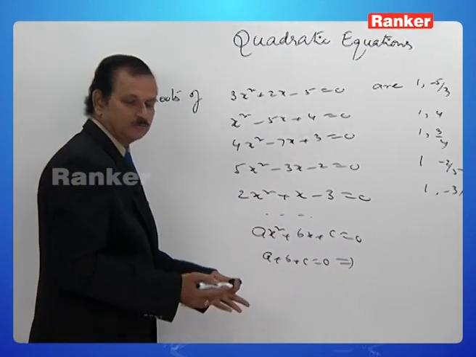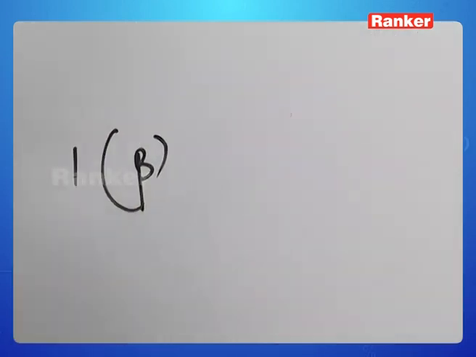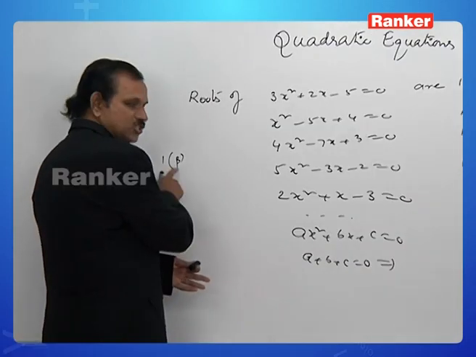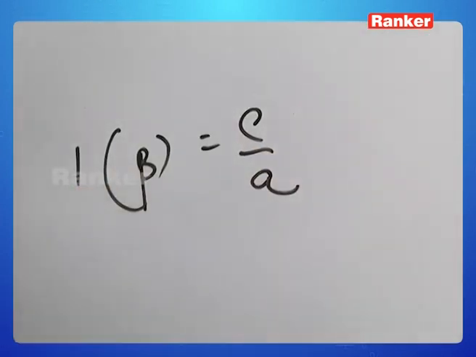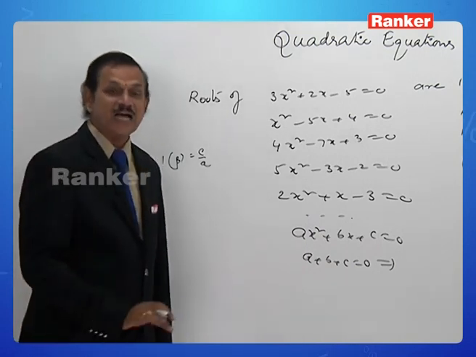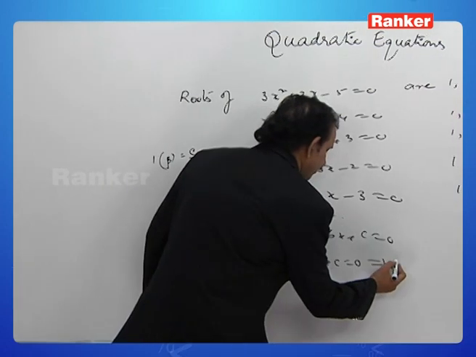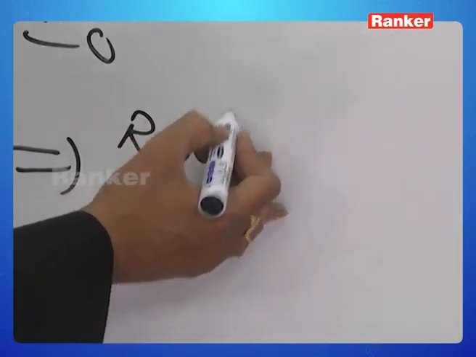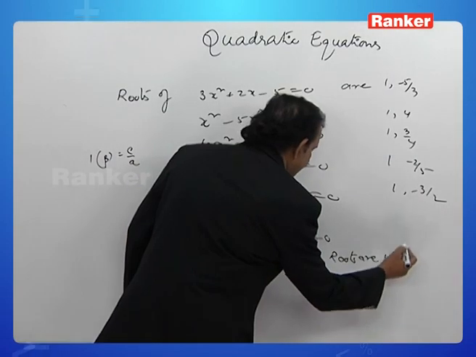What is the second root? We don't know. Let this be alpha and the other be beta. The product of the roots is c by a, and 1 into beta is beta, so beta is c by a. The other root is c by a. A plus b plus c is equal to 0 implies the roots are 1 comma c by a.